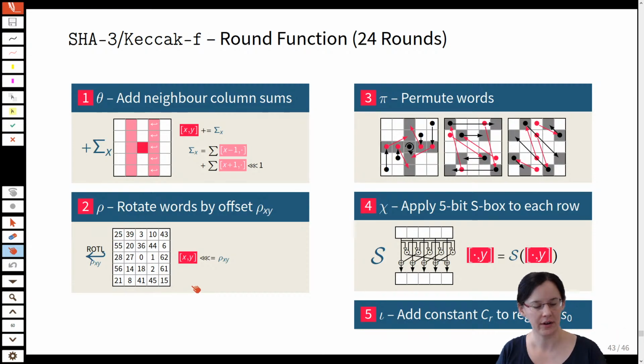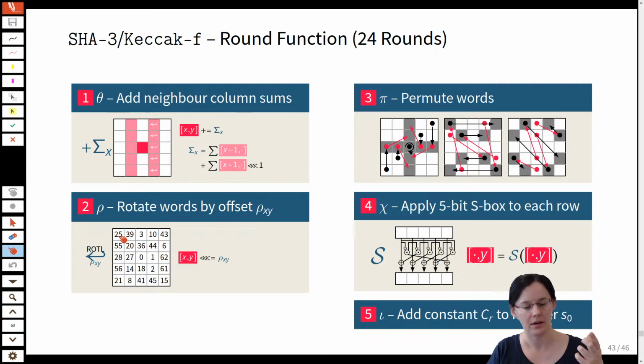And then here we have a diffusion along the z-axis, so between the least and most significant bit. And this happens by taking each of the 64-bit words and rotating it, but by different amounts. So in this picture, you see by how many bit positions the particular word in this position is rotated.